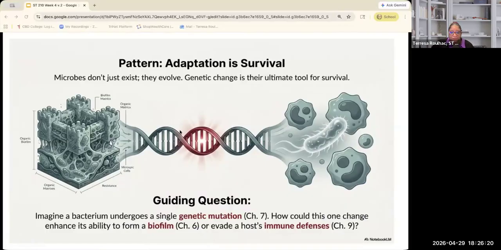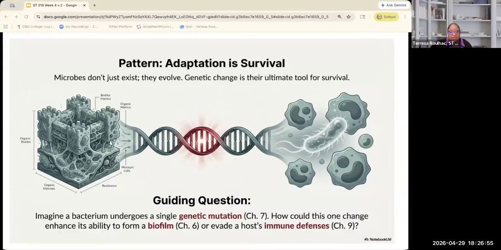On the left is biofilm formation, protection, and persistence. In the center, genetic change. It's the switch. And on the right, immune evasion. This is where they get in the host and survive inside. Again, if you notice, not three topics, one survival strategy.